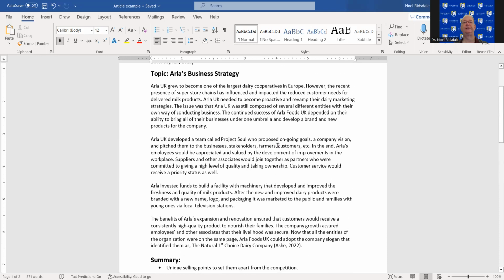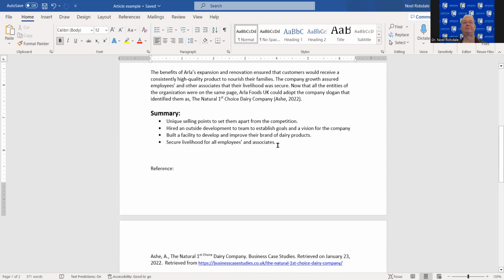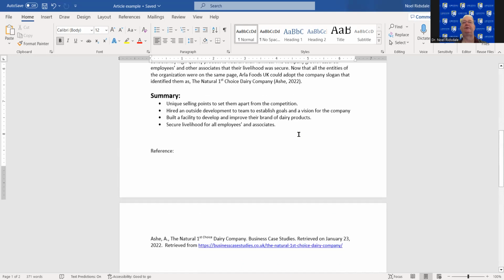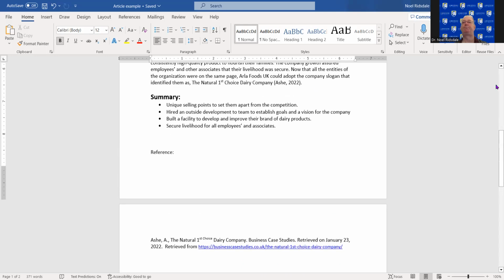Anytime that you're referring to something directly out of the article, whether you're paraphrasing it or it's a direct quote, you definitely have to be using this. Also, any facts that are related in the article, historical facts, on this date this happened to this company, any of those types of things are going to need to have that designation behind it.